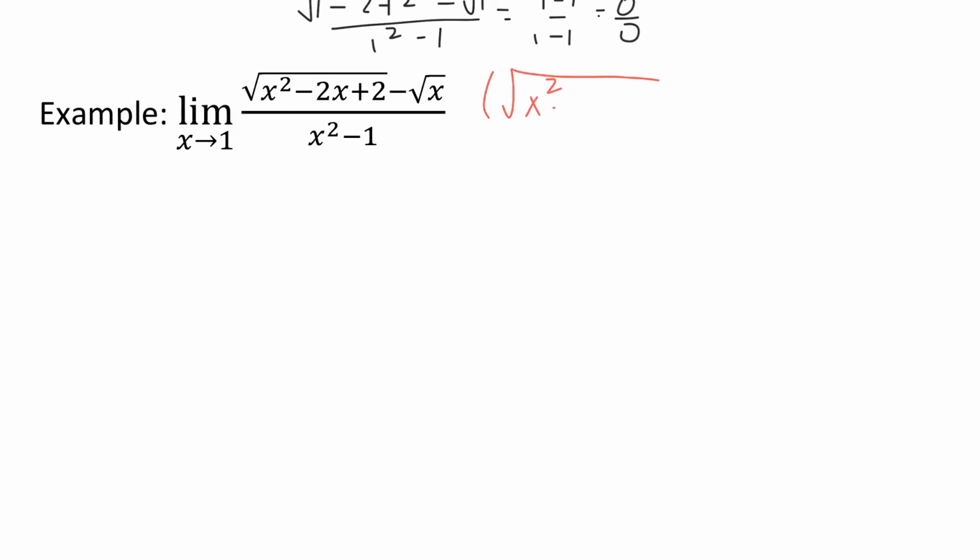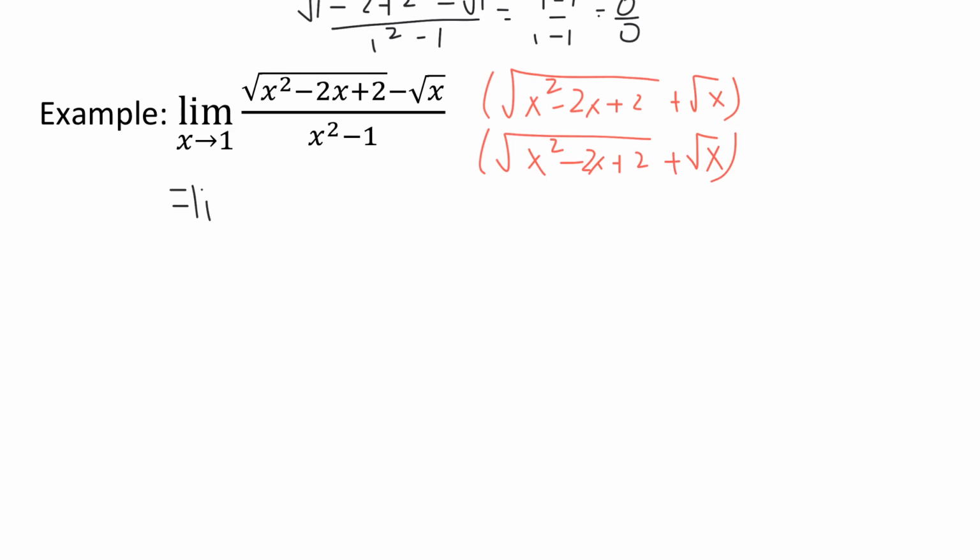So we'll get root of x squared minus 2x plus 2 plus root x, and then root of x squared minus 2x plus 2 plus root x. Now, like I mentioned before, when you do these rationalizing steps, you don't want to multiply out the bottom. You don't want to multiply the one that's not being rationalized.